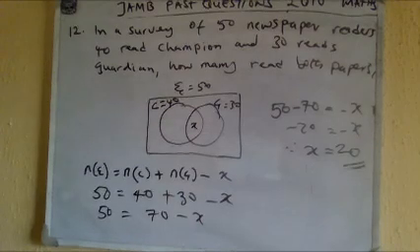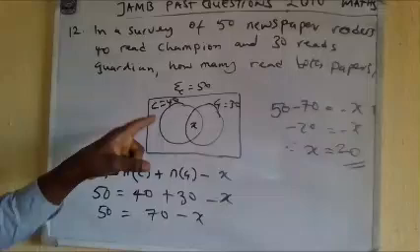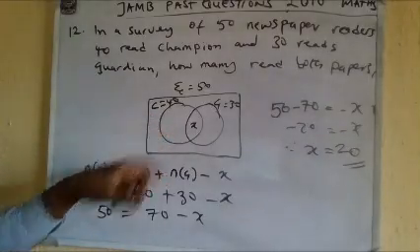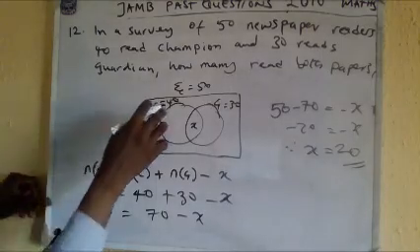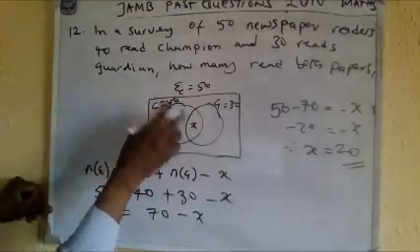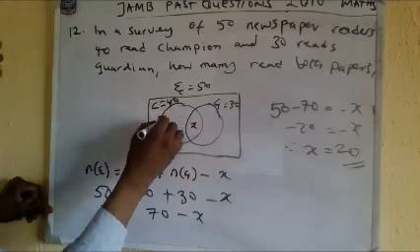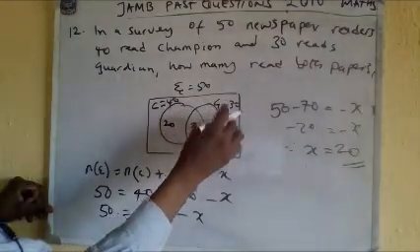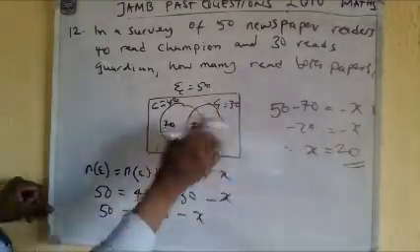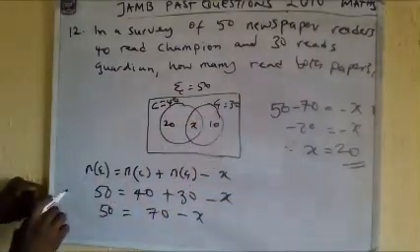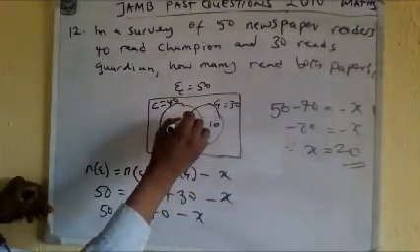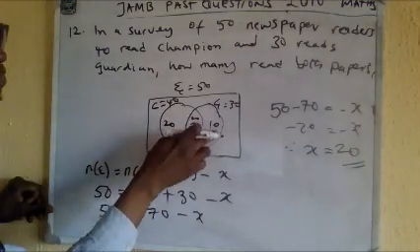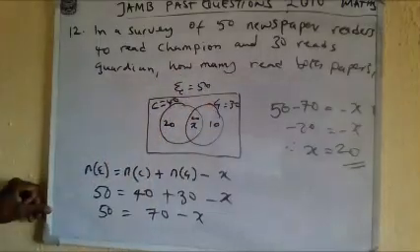If I want to get those that read only Champion, I'll just subtract X from 40, so only 20 read Champion, and from 30, only 10 read Guardian. If you add everything together inside, 20 plus 20 plus 10, you still get 50.